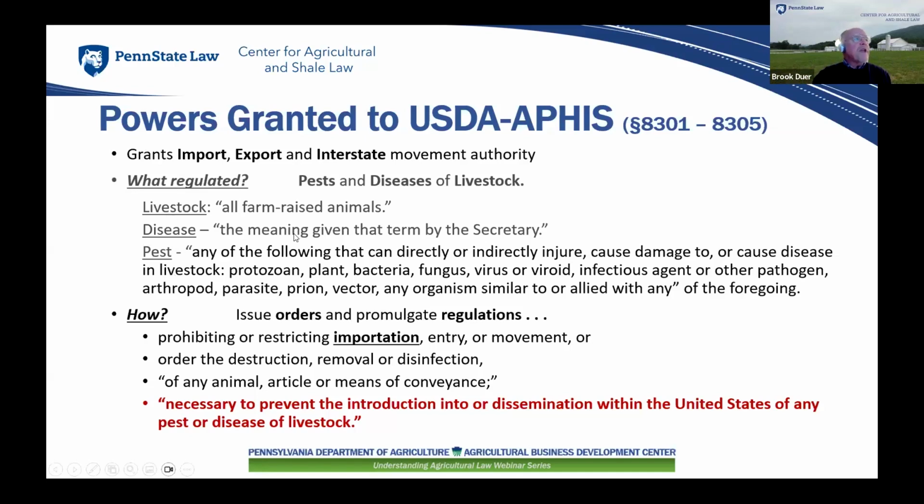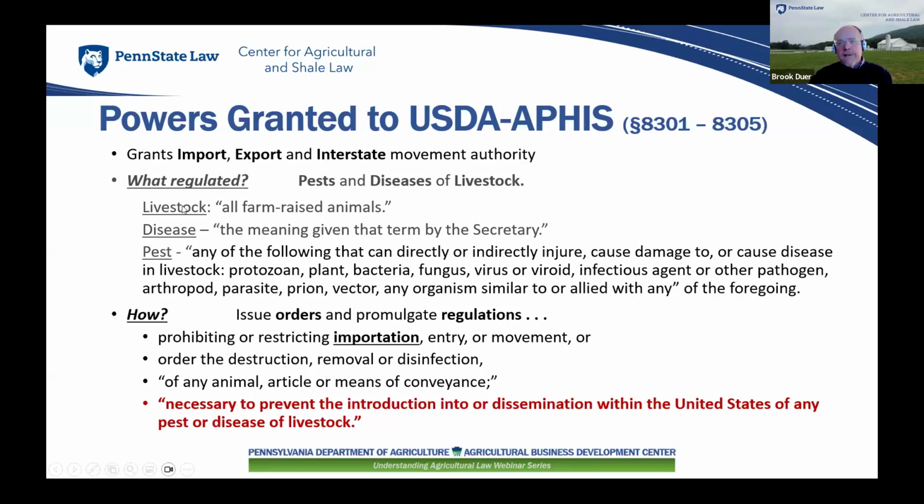Livestock is also broad: all farm-raised animals are included under the Animal Health Protection Act under the definition of livestock. So it can be all kinds of small, exotic things that you might not normally think of. The act has the authority to become involved in disease control in many species that you wouldn't anticipate.